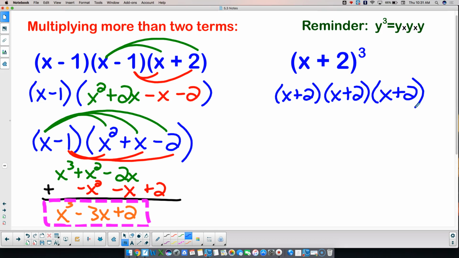And what I'd like you to do now is find me what x plus 2 quantity cubed is. This would become x plus 2 times x squared plus 2x plus 2x plus 4.